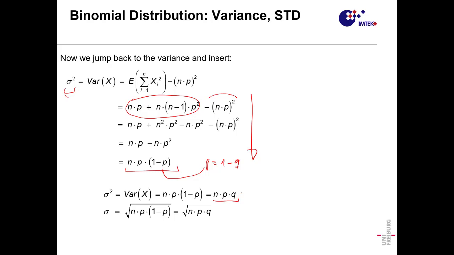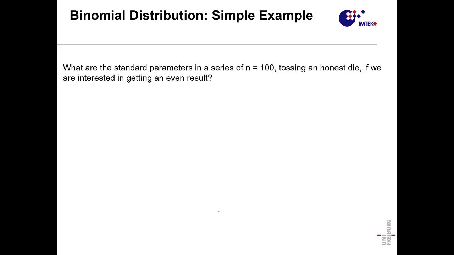The expected value of a binomial distribution is n times p. And the variance of the binomial distribution is n times p times q. That's it. As simple as that. And then if you take the square root of that, you get the standard deviation. That's all it is. So now we have parameterized the binomial distribution as well.